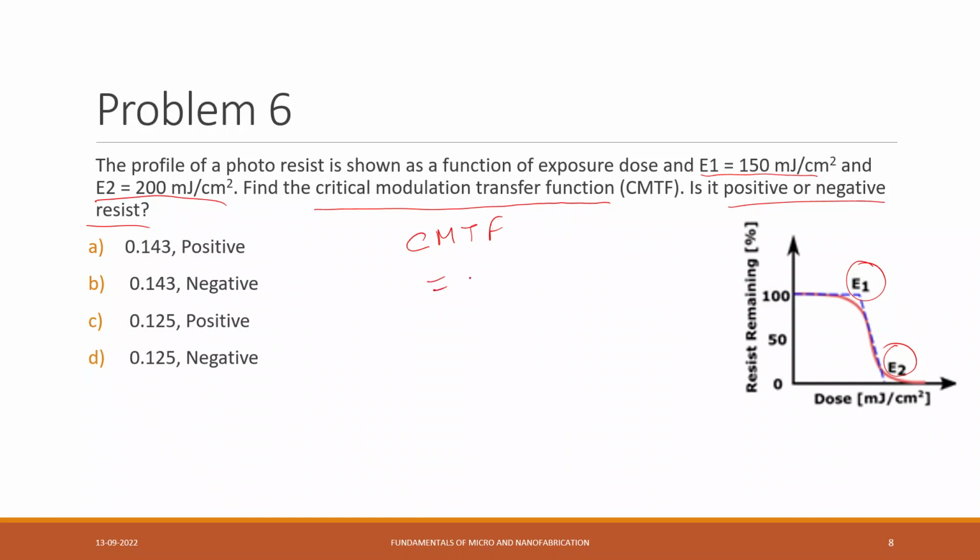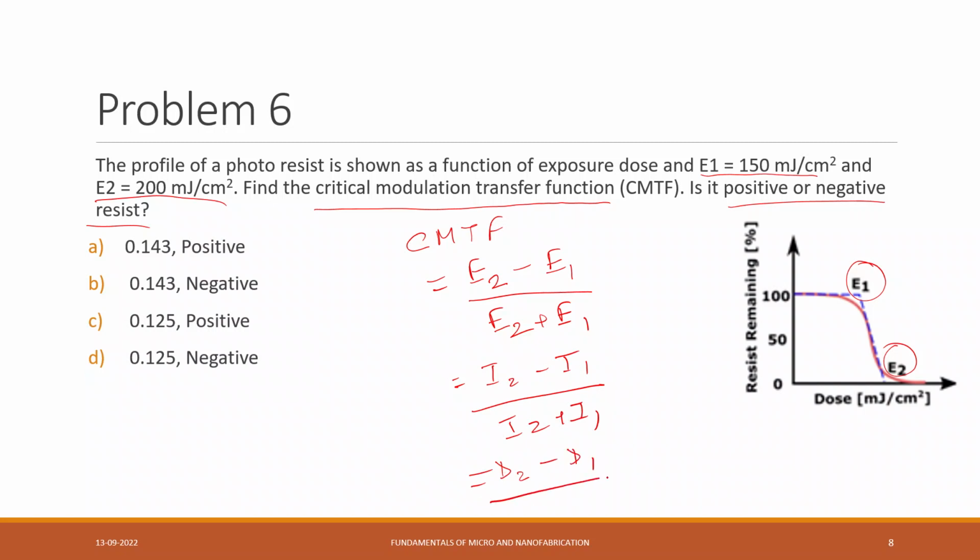We consider the energies. We see the higher energy, we see the lower energy, and we find essentially this. And you can depict it in different terms, like I2 minus I1 over I2 plus I1. Yeah, I hope that's the thing you are telling. Some people might write it like D2, D1 dosage.